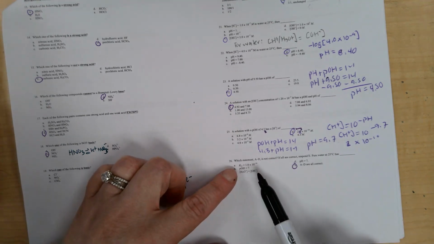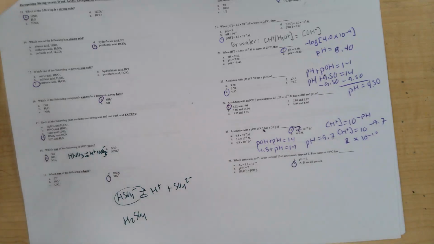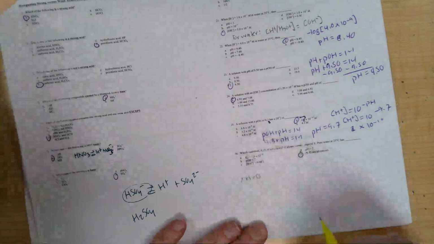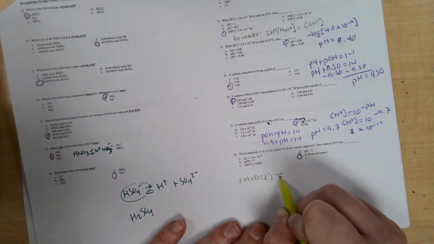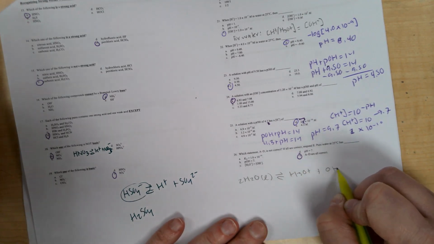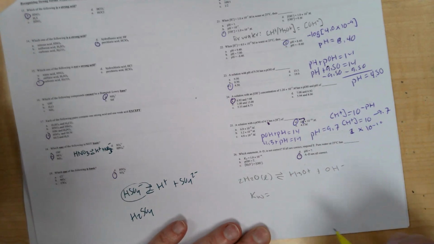Right, the Kw would be the 1.0 times 10 to the negative 14th. And if you don't remember, where's my pencil? That was because, right, here was our equation. There were 2 water molecules giving us H3O plus and OH minus. So our equilibrium expression was products divided by reactants.